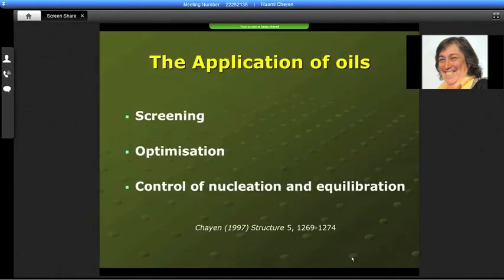So we did microbatch for a long time, and then we saw that it's not only microbatch, but oils themselves can contribute a lot to crystallization experiments, whether it is screening, optimization, or control of nucleation and equilibration.